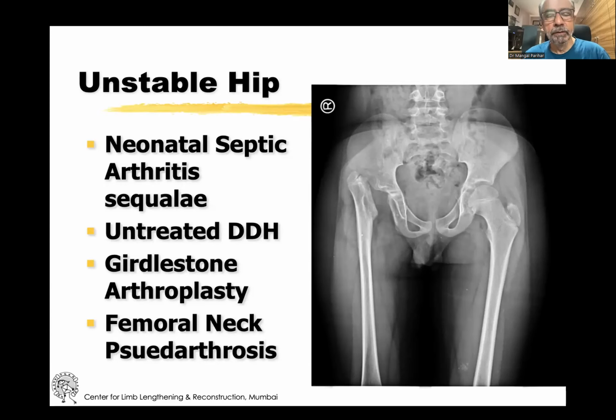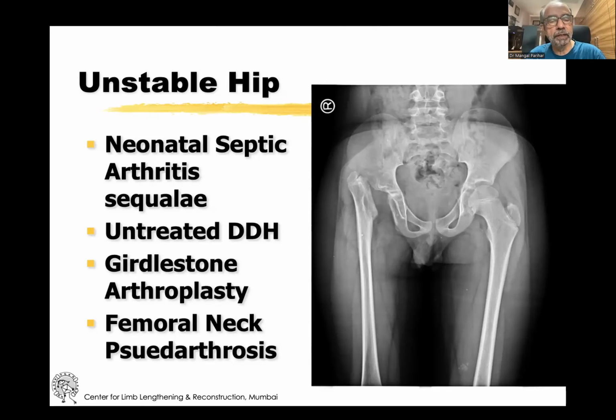Tom Smith, where the head is completely damaged. Untreated DDH probably is getting to be hopefully a relatively limited indication, because our pediatric colleagues are able to catch DDH, but in unilateral one side, there may be a case for doing an Elizarov.